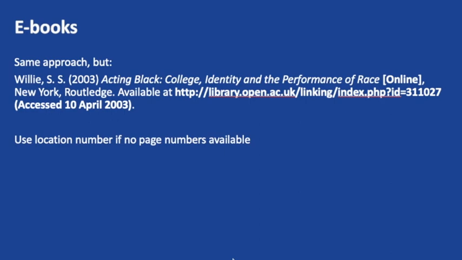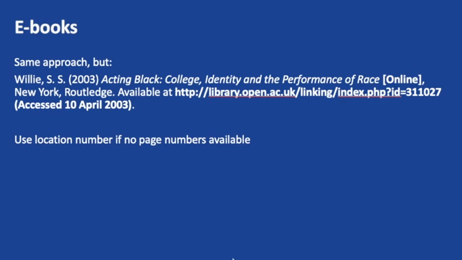So when referencing them, it's very much the same as you would a book, in as much as you start off with the author's name, date, title, but you identify that as being online. You're still required to put in where it was published, so in this case New York, and the publisher, which is Routledge, and then a link to where you picked it up.